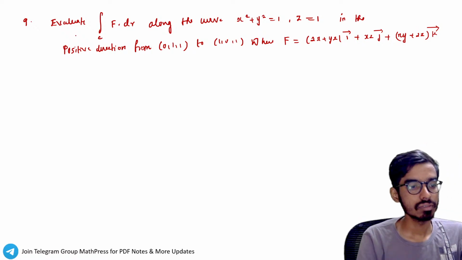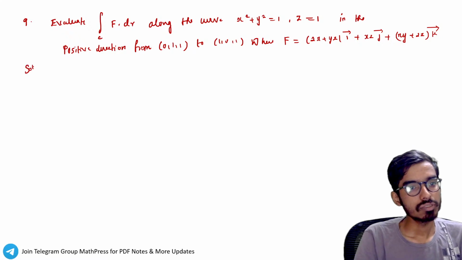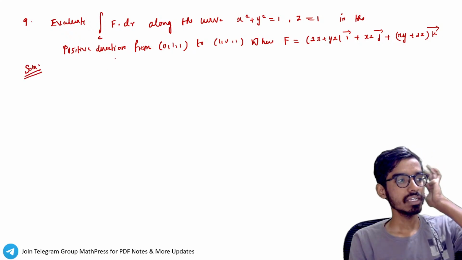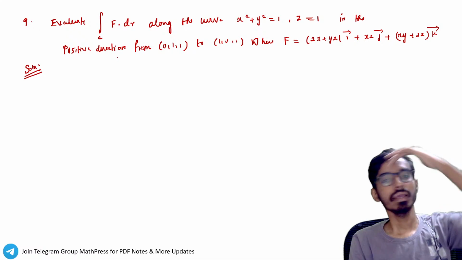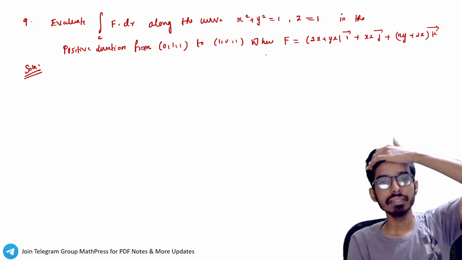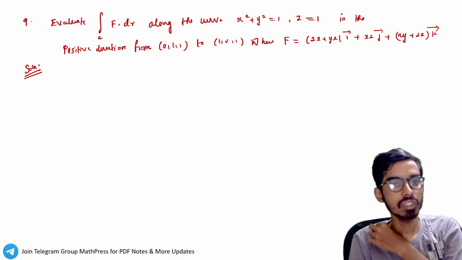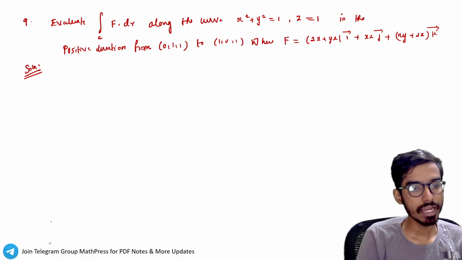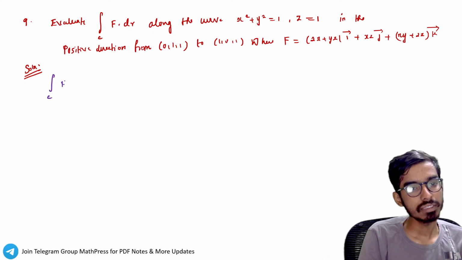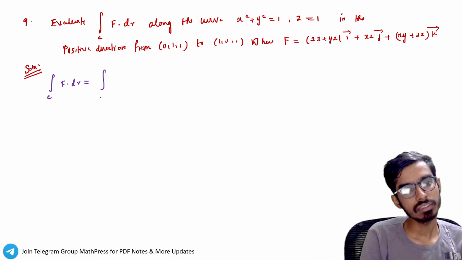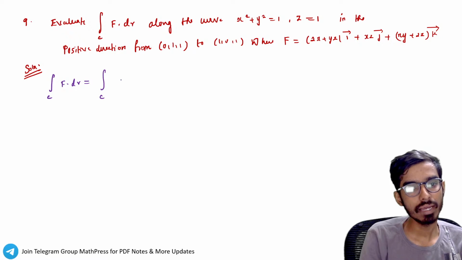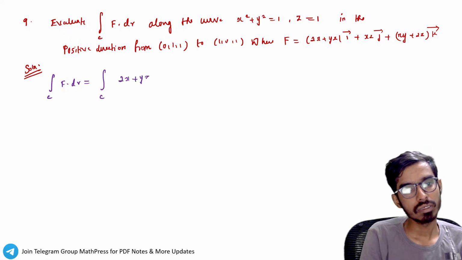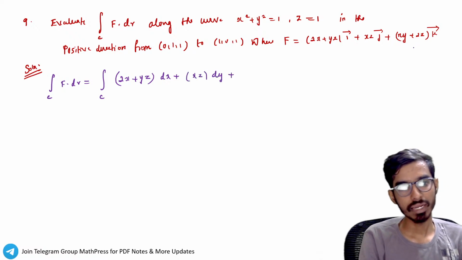Okay, so we do this solution. We need to evaluate the integral over c of f dot dr along the curve x square plus y square is equal to 1, z is equal to 1, in the positive direction from 0 comma 1 comma 1 to 1 comma 0 comma 1. So first we will find f dot dr. So integral over c of f dot dr is nothing but: you need to make a dot product with dr, right?